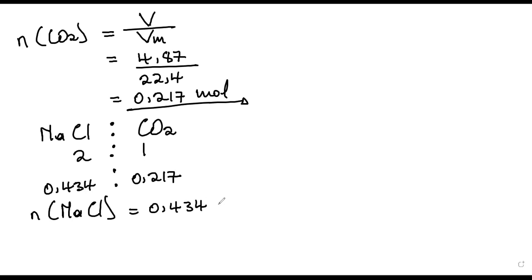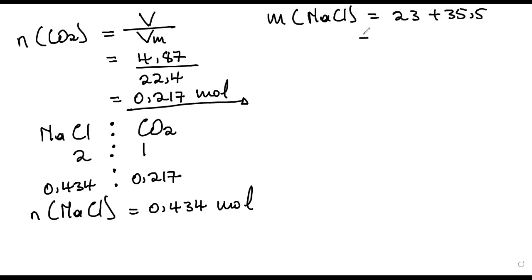So now that I have the number of moles for sodium chloride, then I need to find the molar mass so that I can find the mass. So we know that the molar mass of sodium chloride is just going to be the sum of the atomic masses of sodium and chlorine, like that.